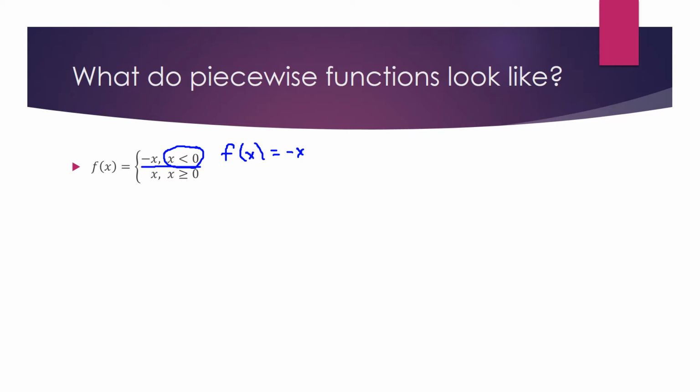The second function I'll underline in red. This function is f of x equals x. And that part of the function will be defined when the x value is greater than or equal to 0, meaning all numbers above 0 and including 0.